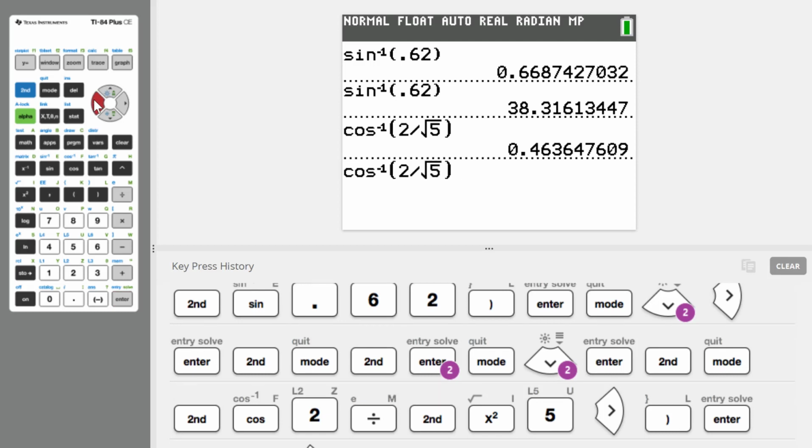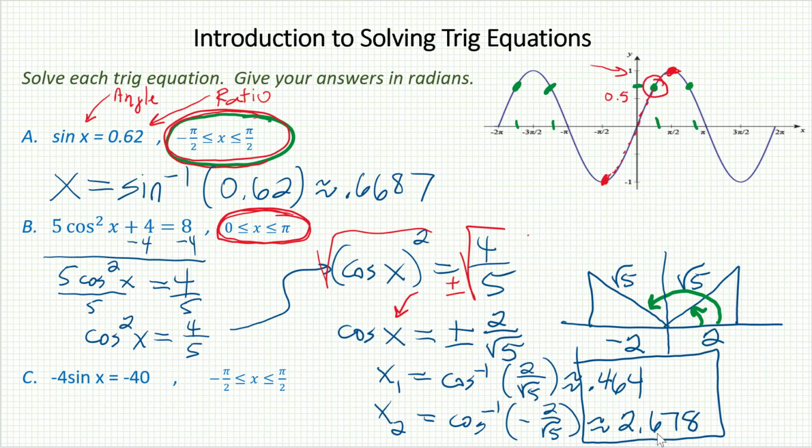I just want to change it to a -2, so I will insert. Insert is here in blue. I'm going to insert a negative sign, and now I have cosine inverse -2 over the square root of 5. Here's my second quadrant angle, about 2.678 radians. So because of the plus or minus, we ended up with two solutions to that equation.